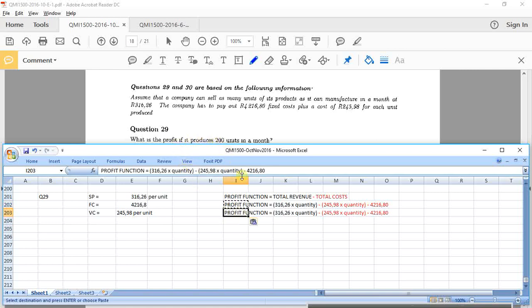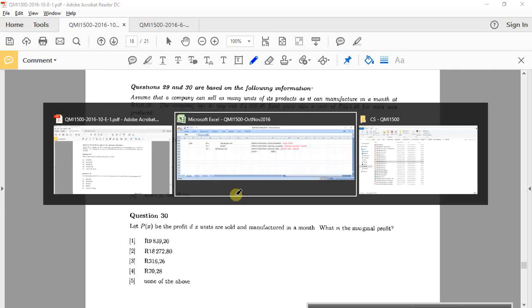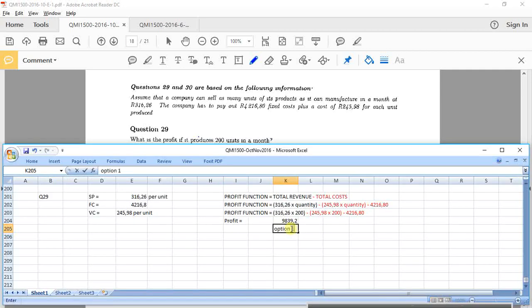Now I need to substitute in. So profit if I produce 200 units: times 200 here and times 200 there. There's the profit. Profit equals 9839.20, option 1.